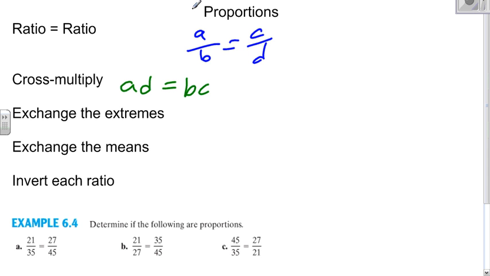The extremes are the downward diagonal, so you could exchange the extremes and exchange D into A. You can exchange the means, which are B and C in this case. So then you would get A over C and B over D.